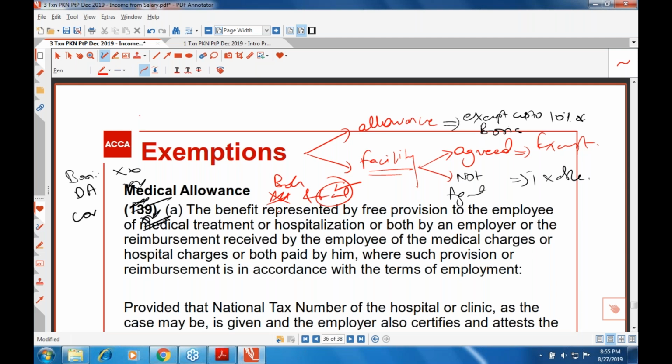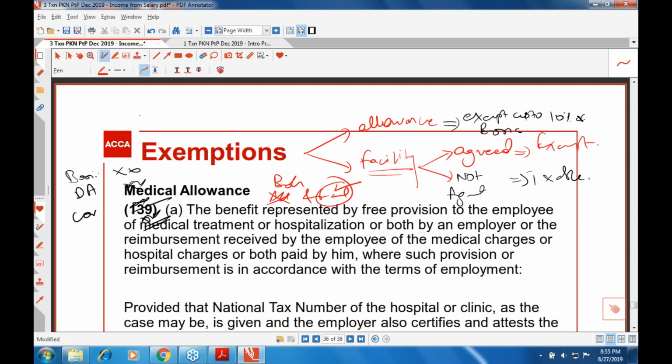Well, allowance, no, it's not necessary. What happens is, for example, you are working with me as an employee. I'm giving you a medical allowance in your salary. Now somehow you fall sick and you have to spend a lot of money on your medical treatment. There was no agreement between us as employer and employee that I'm going to pay anything to you.